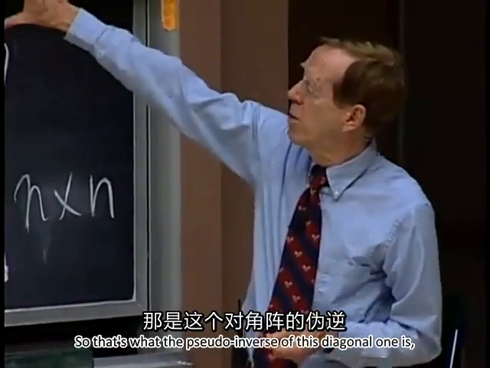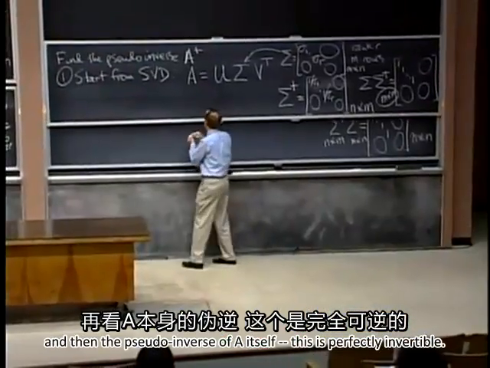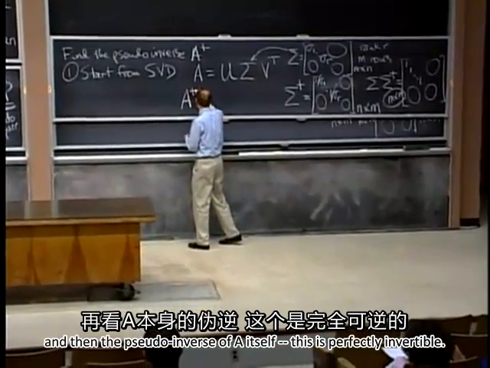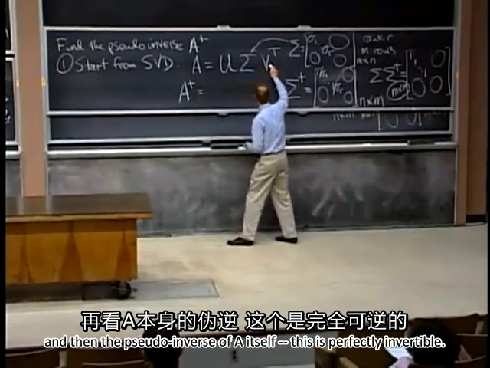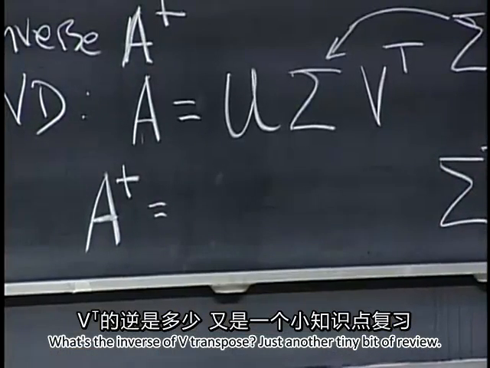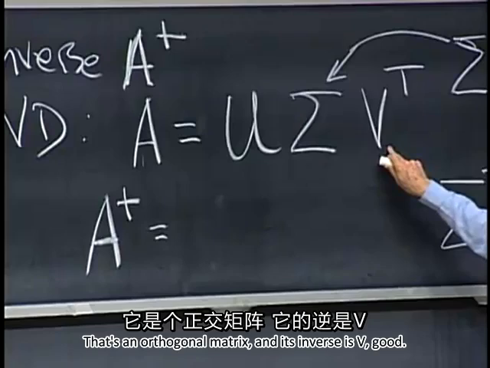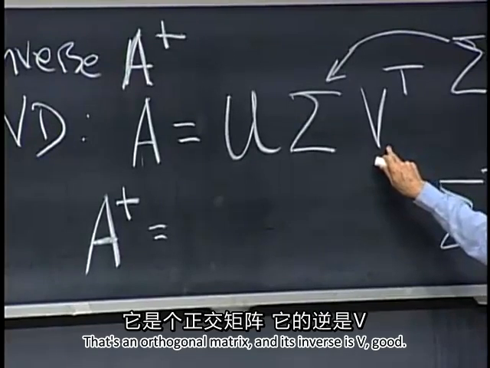So that's what the pseudo-inverse of this diagonal one is. And then the pseudo-inverse of A itself: this is perfectly invertible. What's the inverse of V transpose? Just another tiny bit of review. That's an orthogonal matrix, and its inverse is V. Good.